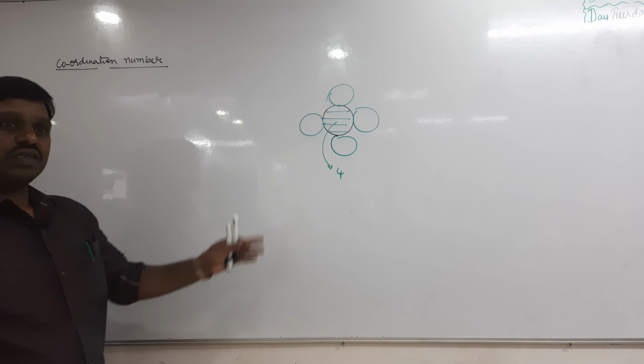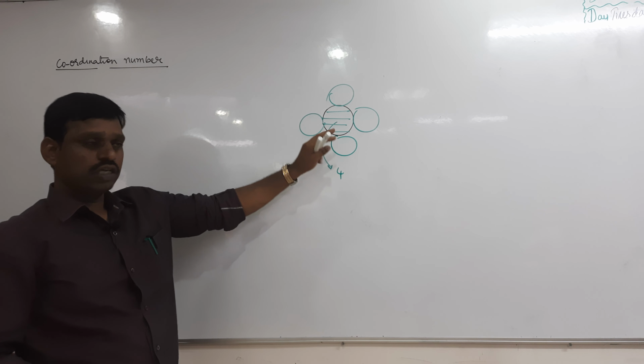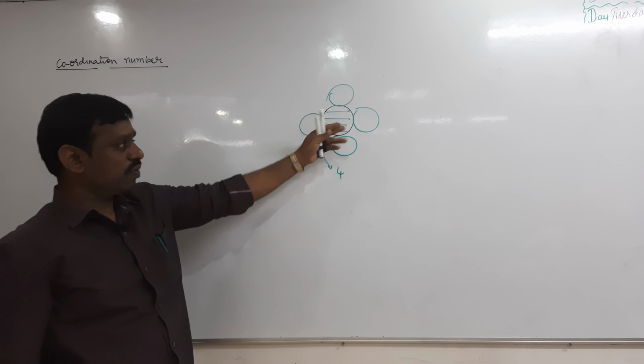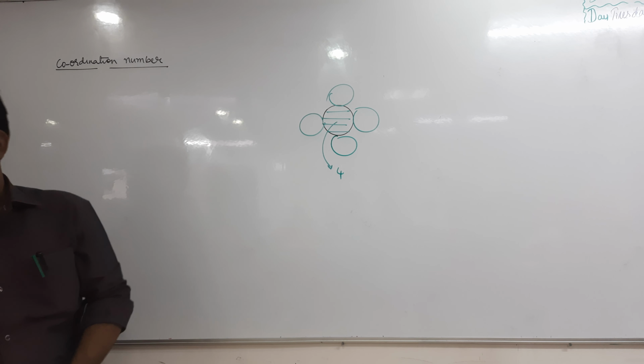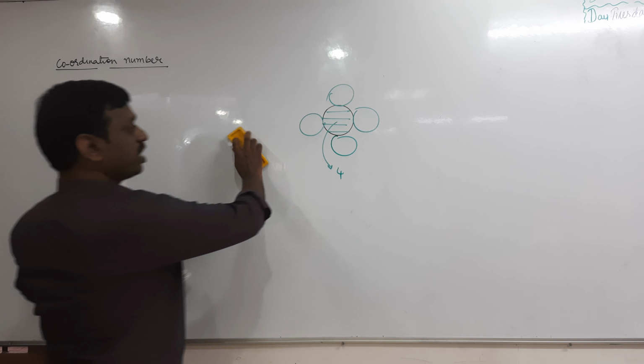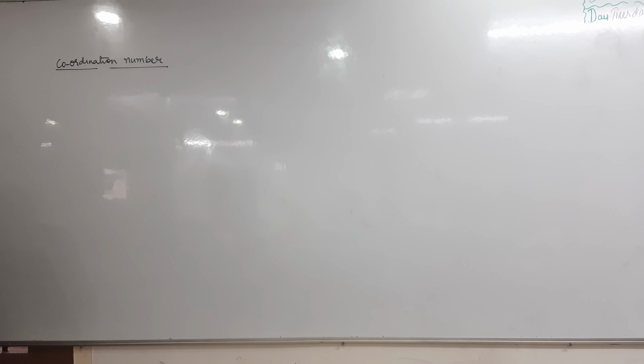It must be in contact, right? So that is nothing but what we call the number of nearest neighbors, or the number of particles which are directly in contact with the given particle. So that is coordination number, we have completed. Okay. Then what is the coordination number of simple cubic, BCC, FCC and HCP? This we have not studied.